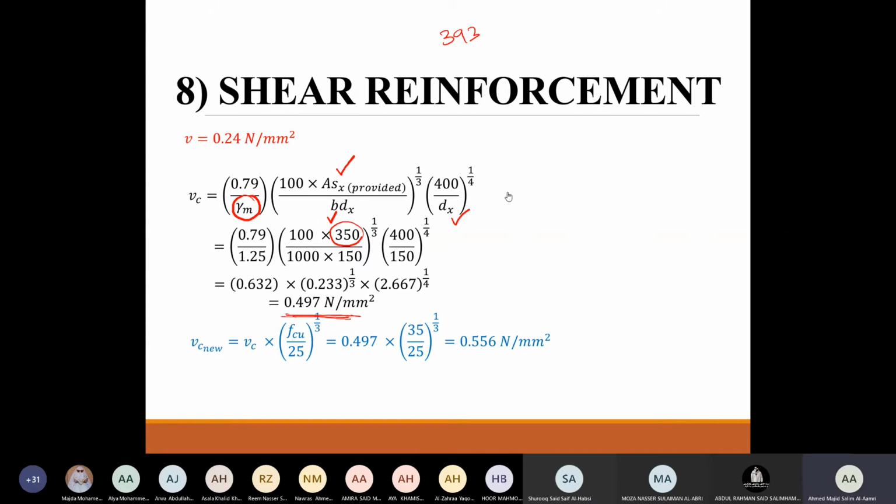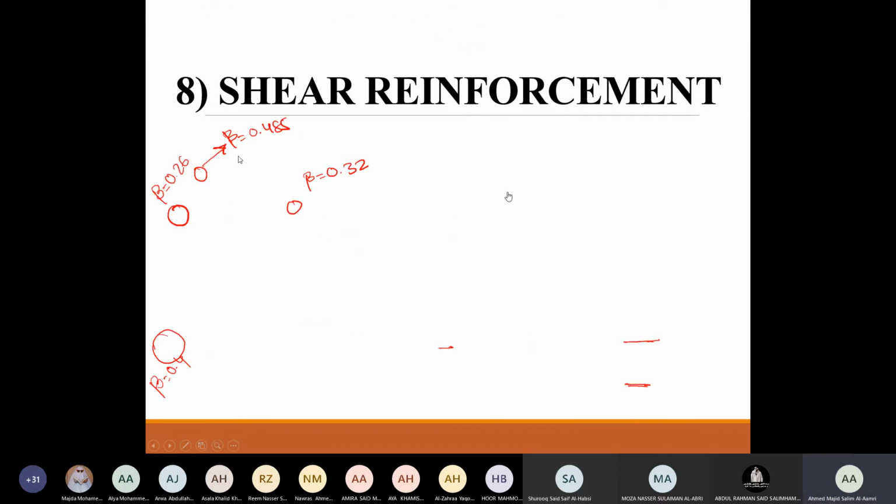You don't need to check for it, because if there is no requirement for shear reinforcement for X, which is a higher value, then of course there is no requirement to have shear reinforcement for Y. Even if you change, taking a d_y value, whatever you will get, you will see that X is going to be the dominant value.